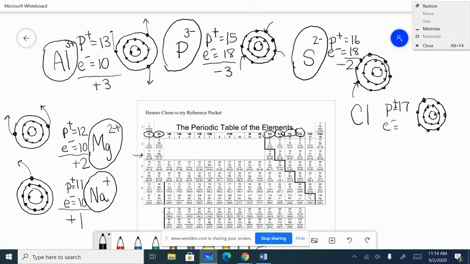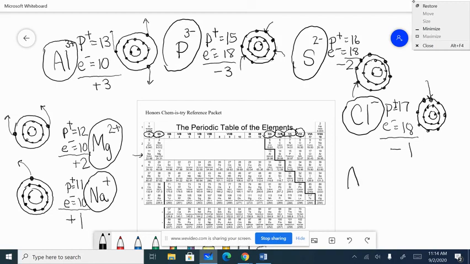So he could either lose all 7 or he could gain 1. And that's what he'll do. When he gains 1, he has 18, just like argon, and a charge of -1. Just like pluses, if we have a -1, we usually just write minus.